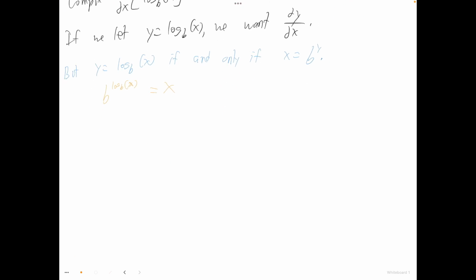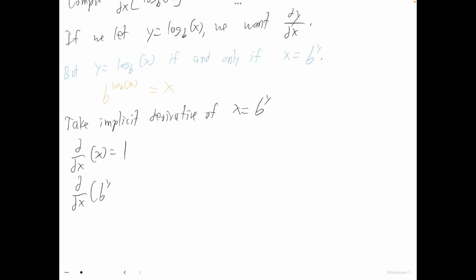But we know how to do the derivative of b to the y. So we're going to take the implicit derivative of x equals b to the y. The derivative with respect to x of x is just 1. And the derivative with respect to x of b to the y, with the chain rule, is b to the y ln of b times the derivative of y, which is dy over dx.